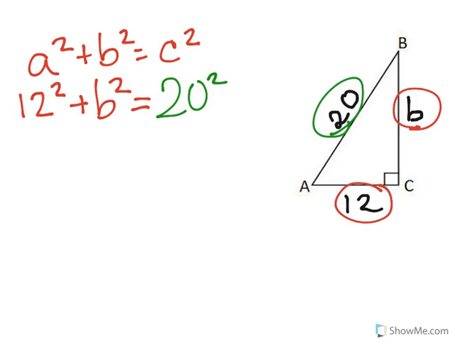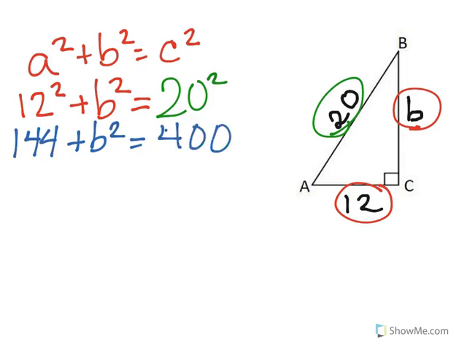And now we want to follow exponents and complete those. So 12 times 12 is going to be 144. And 20 times 20 is 400. Then to solve algebraically, we know that we need to do the opposite operation that is currently present.